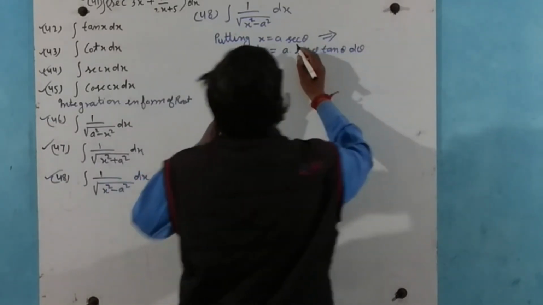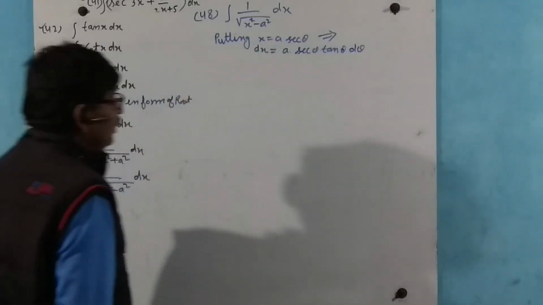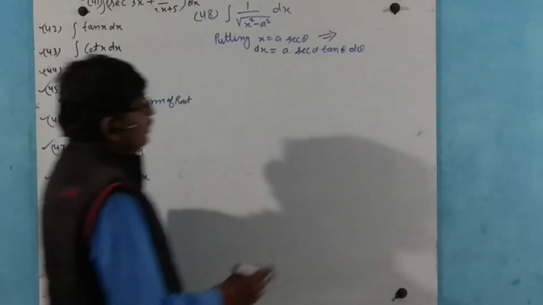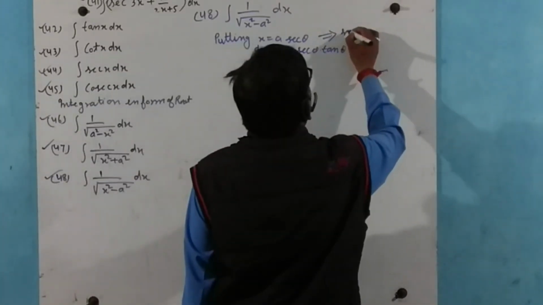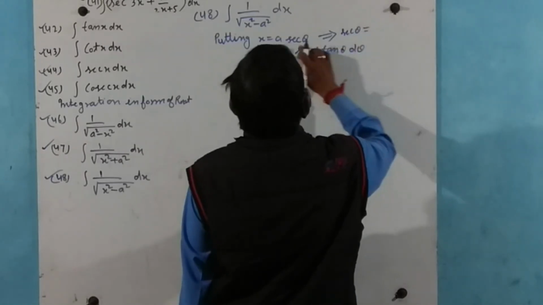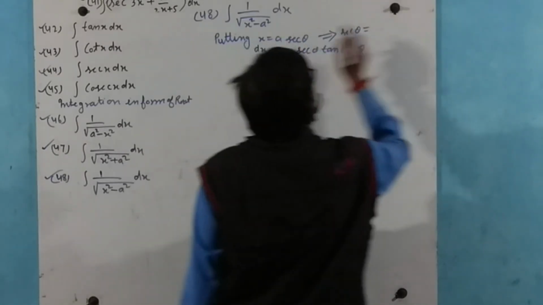In this case x equal to a sec theta, so sec theta equals x by a.